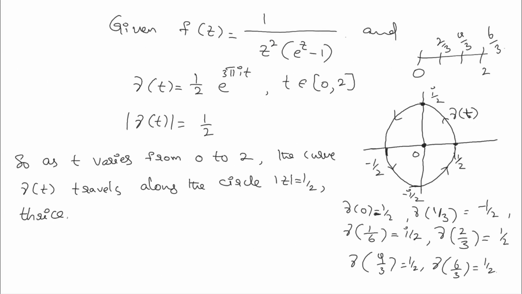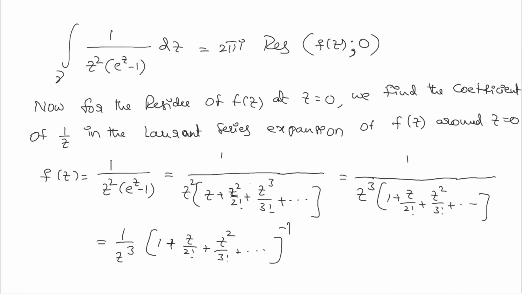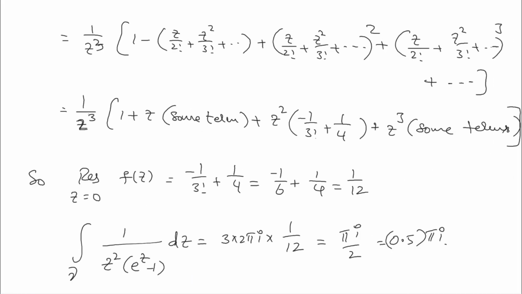Since z equal to 0 is the singularity and gamma is the circle with radius half and center 0, which is traveling 3 times around the singularity z equal to 0, which can be seen from the given curve. So the point z equal to 0 is a singularity of this function repeating 3 times inside this closed curve gamma. So that's why we write 3 times 2 pi i times the residue at that particular point, that is 1 divided by 12.